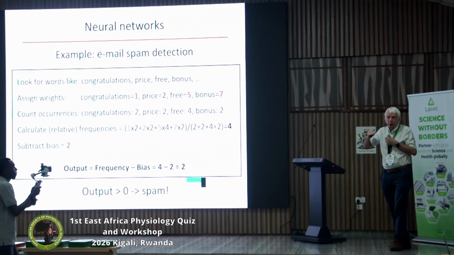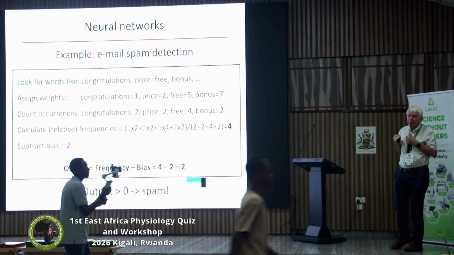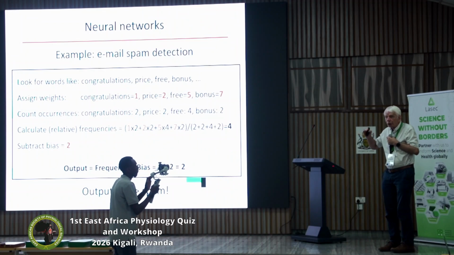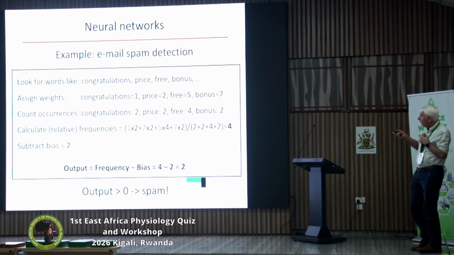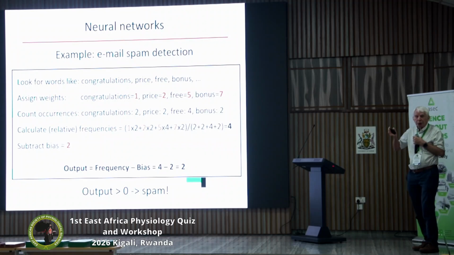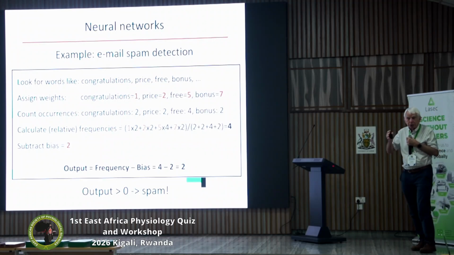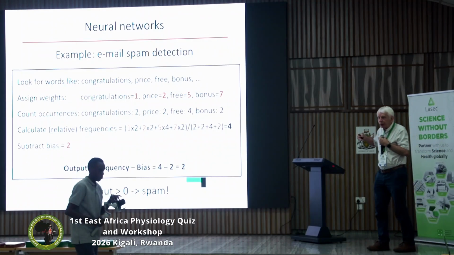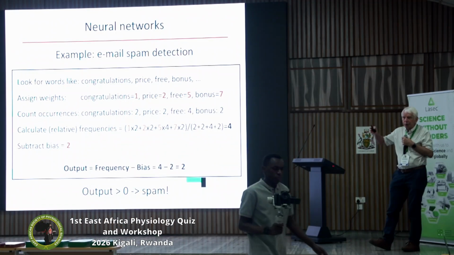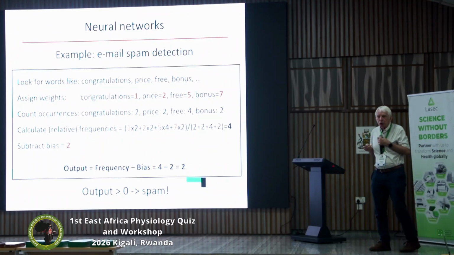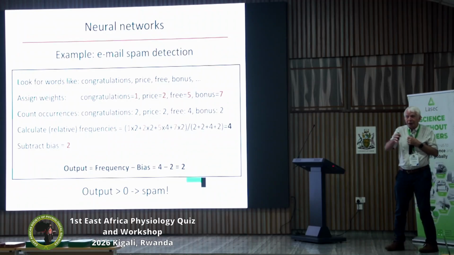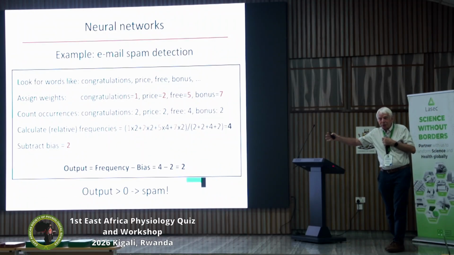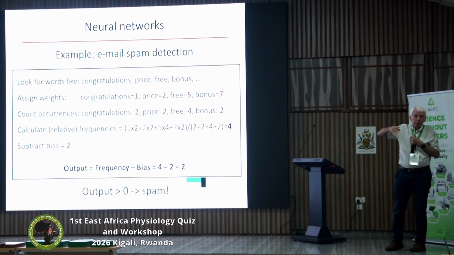So for a neuron to fire, you need to exceed the threshold, and this is called the bias. So now we do the calculation, and we find that the output is larger than 2, and this is considered spam. In this way, you have a mathematical model which gives you a clue on how to interpret a certain email message. Now you can give thousands of email messages. You look at the results, and you see how well the program works. And if it doesn't work well enough, you try to improve it.